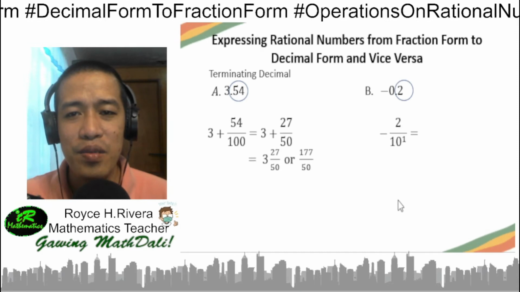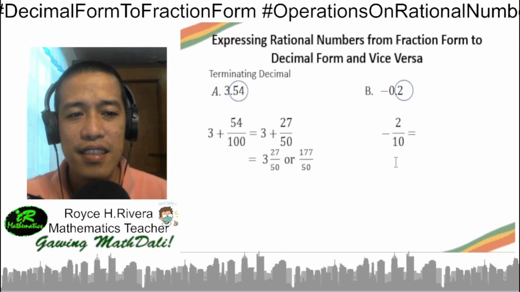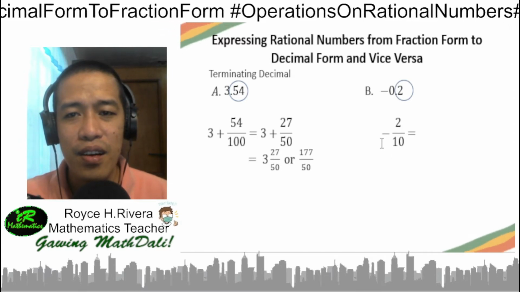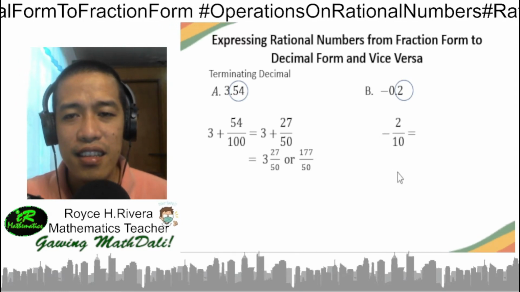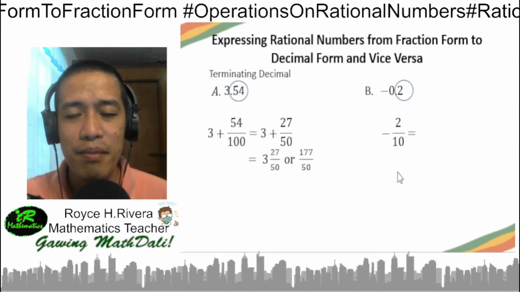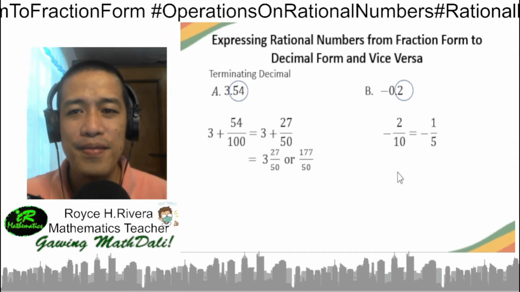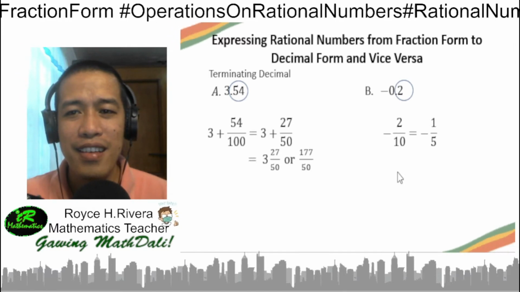And 10 raised to 1 is just equal to 10. So we have -2 over 10. And -2 over 10 can be reduced to -1 over 5. Sana nakuha?